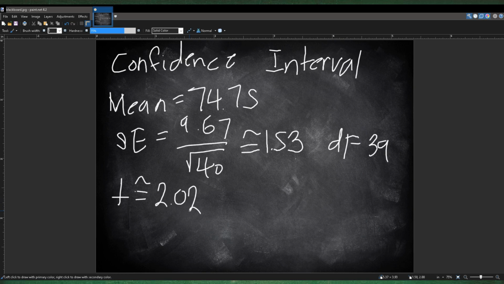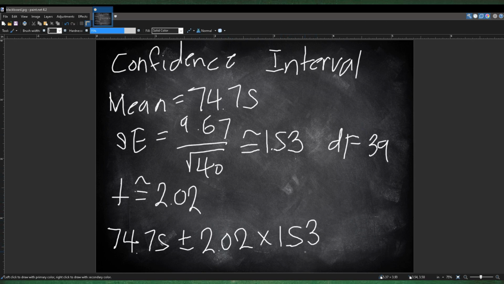So the math is your mean, 74.75, plus or minus the t-score of 2.02 times your standard error, which is 1.53. So 74.75 plus that number, or 74.75 minus that number, and you get somewhere between 71.66 and 77.84.